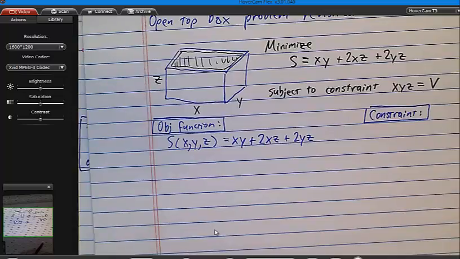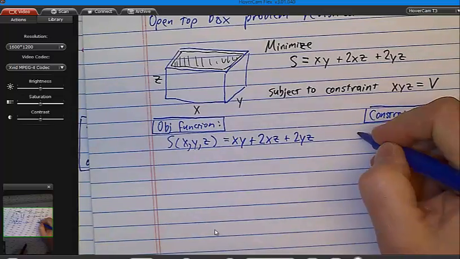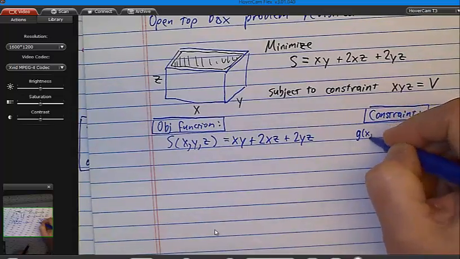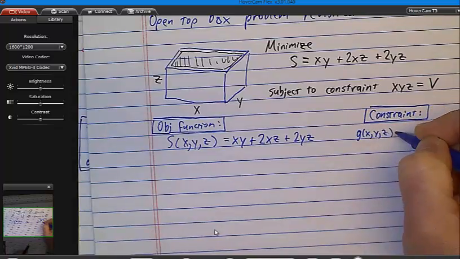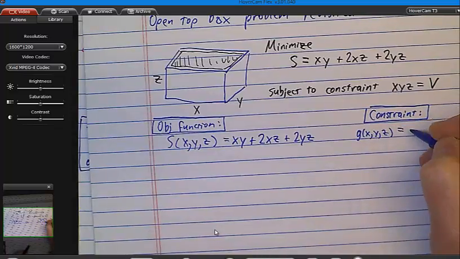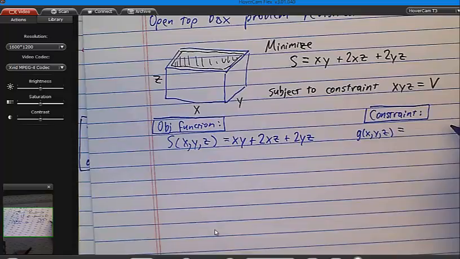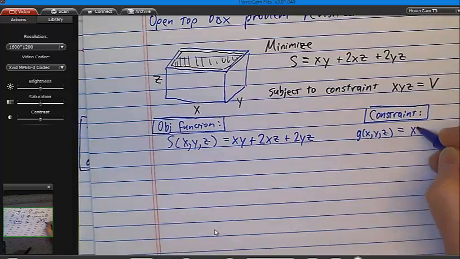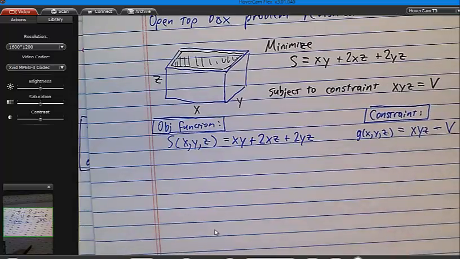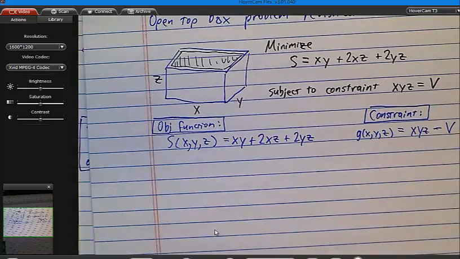So I've been using G for the constraint, and so does your book. So let's stick with that. G of x, y, z would equal what here? Right, xyz minus whatever number we have for V. V's some number, I'm sure. We're keeping the volume fixed, but that's what your constraint is. Okay?